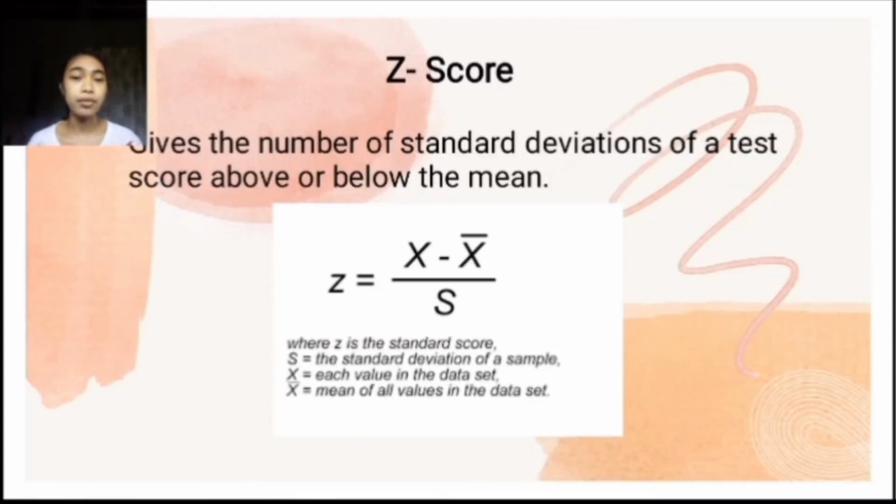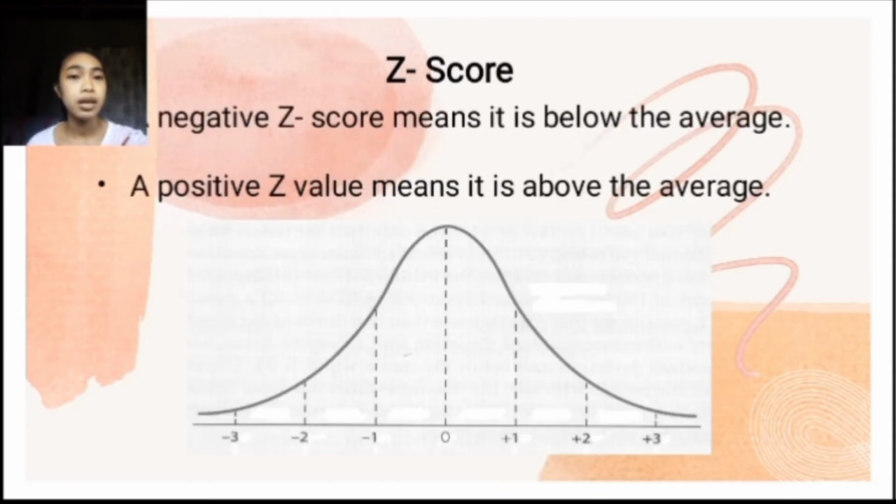First, we have the z-score. What is a z-score? A z-score gives the number of standard deviations of a test score above or below the mean. Here we can see the formula of the z-score: Z is equal to the raw score minus the mean, then divided by the standard deviation. Here we have a chart.